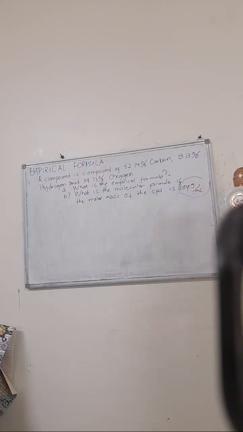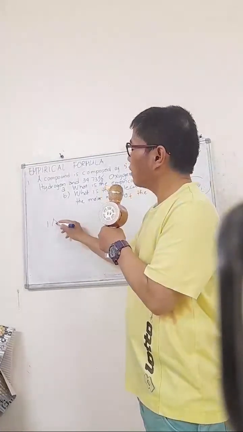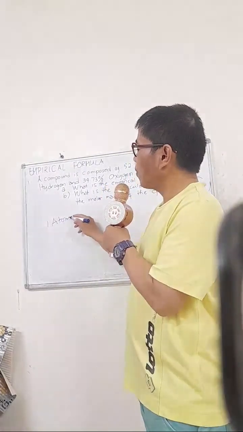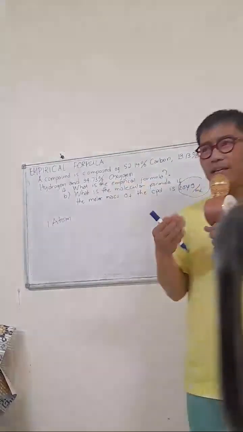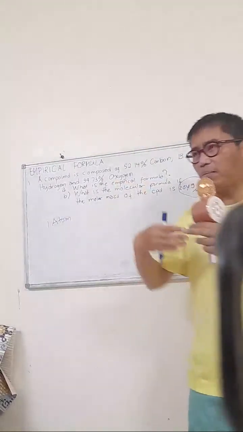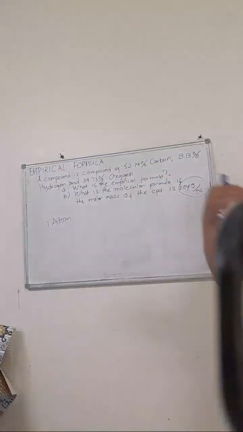So let's go back to basics. For example, I have one atom of carbon. One atom represents an element in a fixed proportion. For example, if I say chlorine, there's only one atom in chlorine.